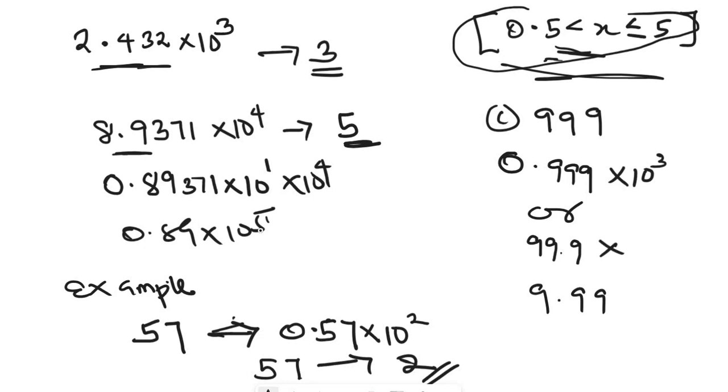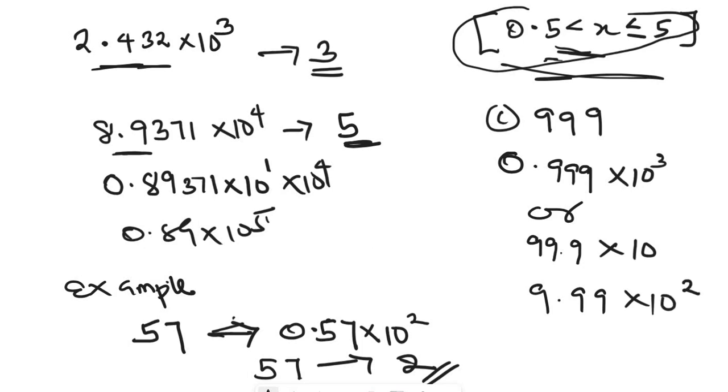999 can be 99.9 times 10. And 9.99 times 100, which is times 10 to the power 2.